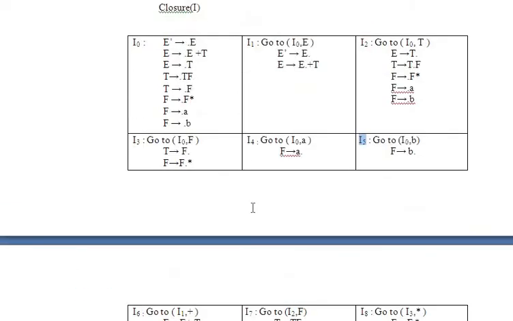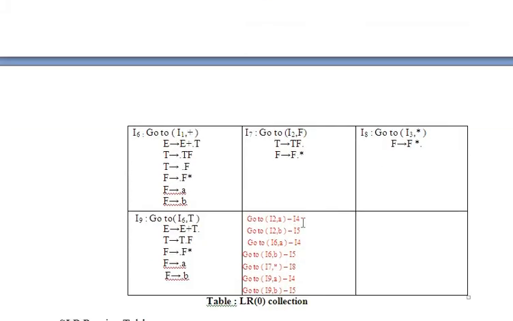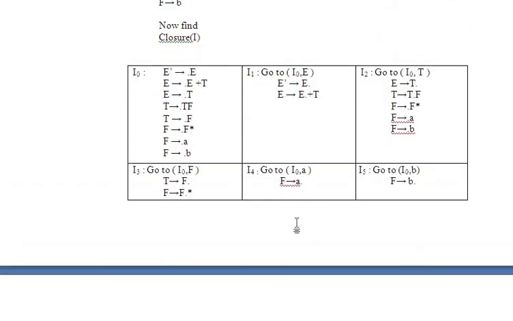Here I2 on A and B also give the states already indicated by I4 and I5. If you find any repeated state, then don't give any new name, just repeat that state. So this is your LR0 collection.